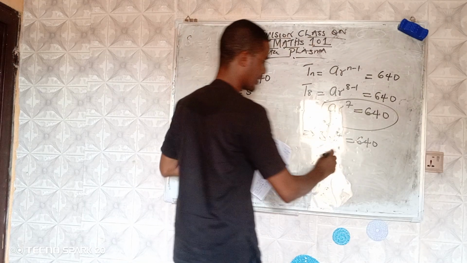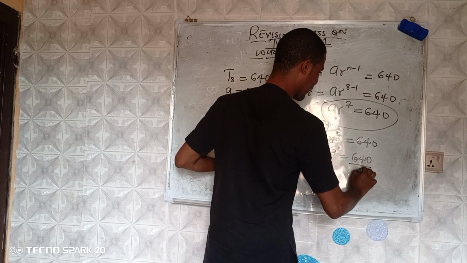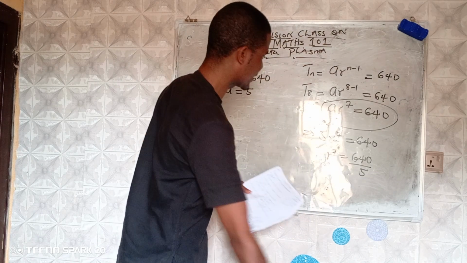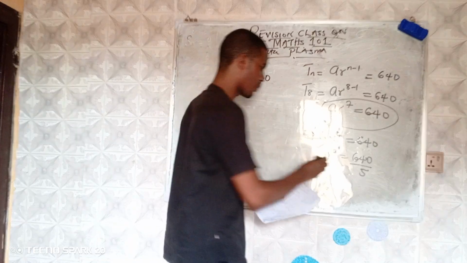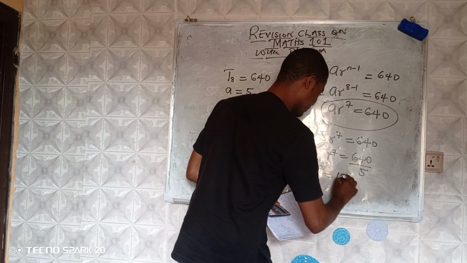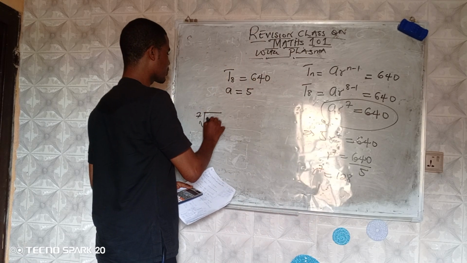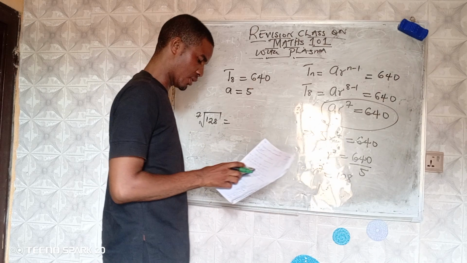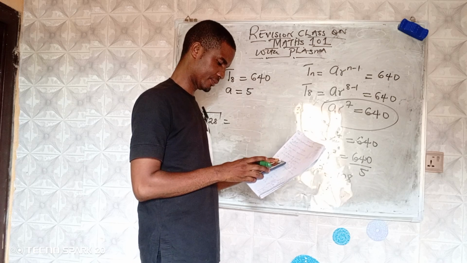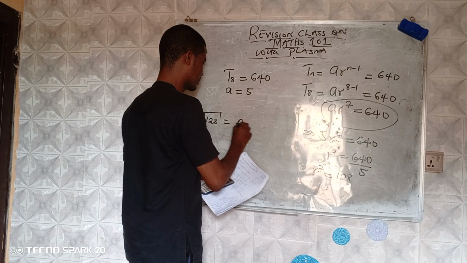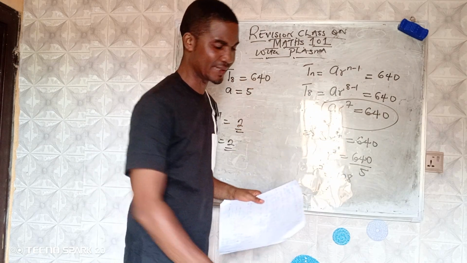I want to get the value of r. I divide both sides by 5. I have r^7 equals 640 over 5, and 640 divided by 5 gives me 128. So I'm going to find the 7th root of 128. Using my calculator, that is 2. So the value of r, which is the common ratio, is 2.